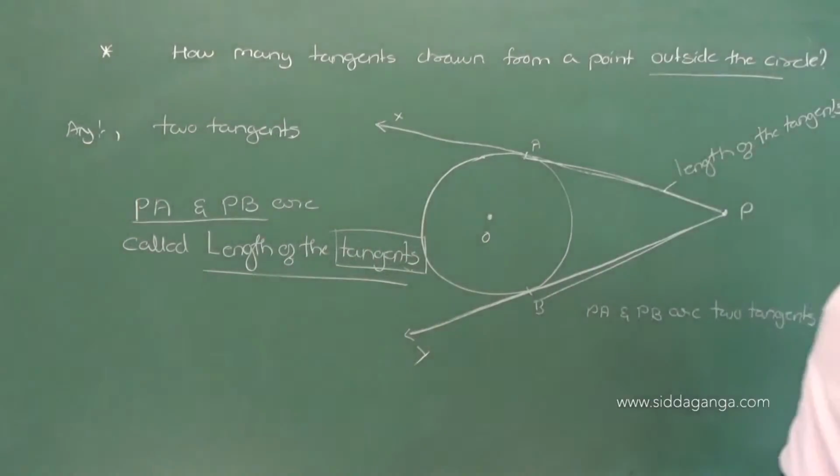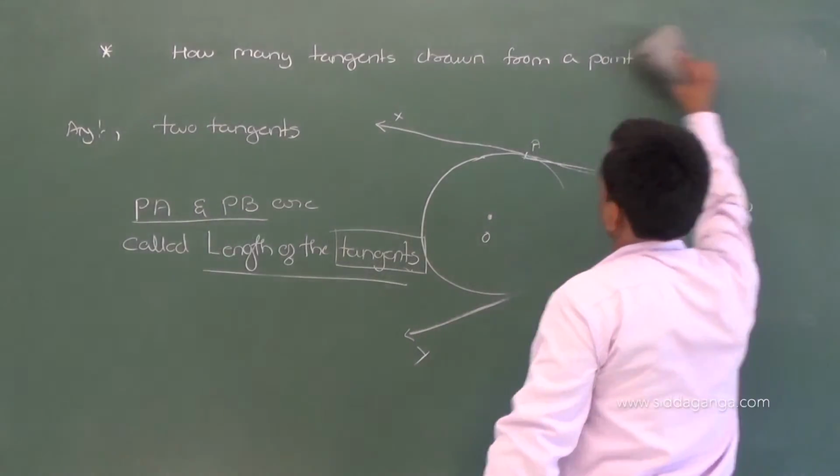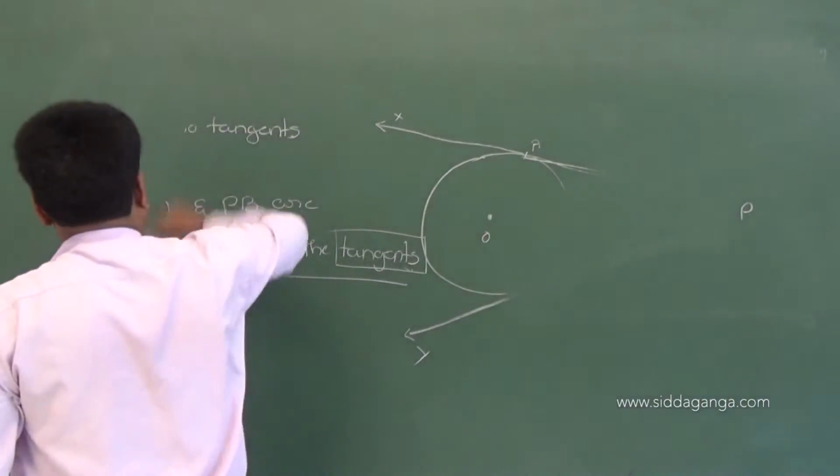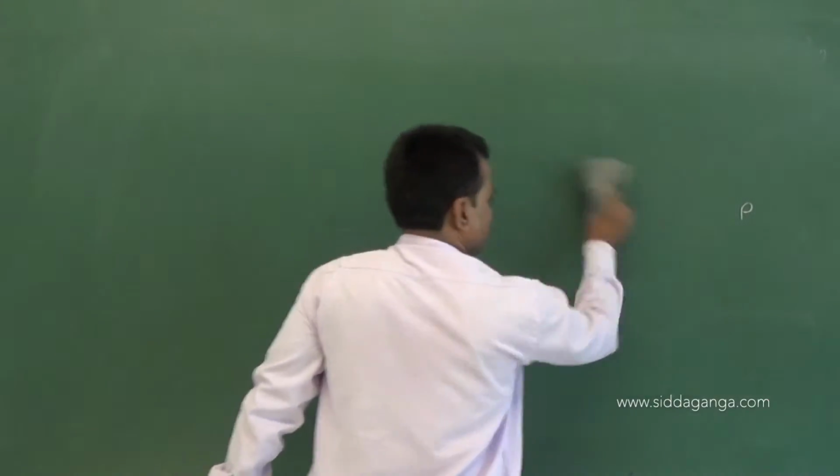The concept is theorems. Two theorems are there in this chapter. We will discuss one by one.